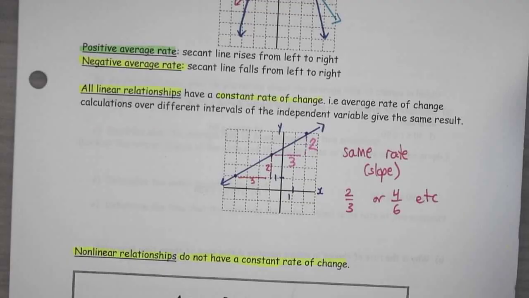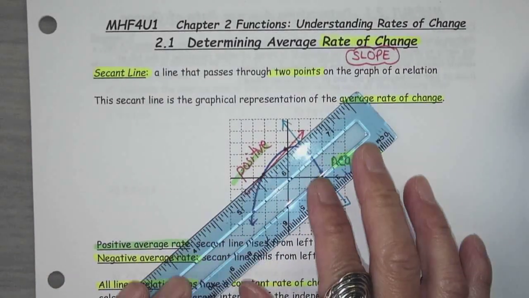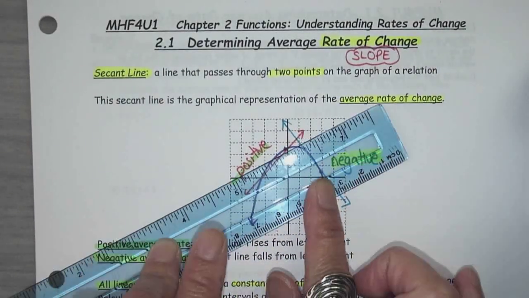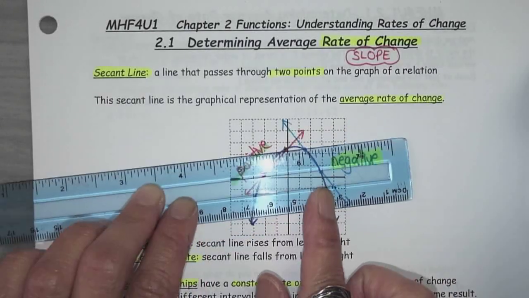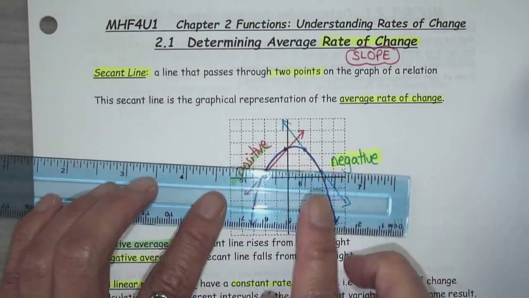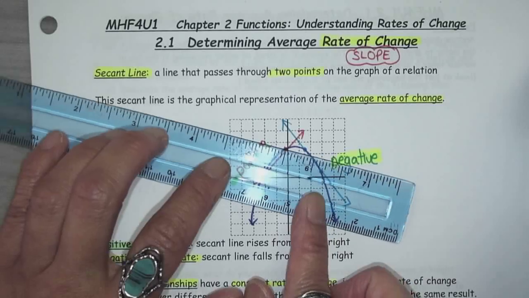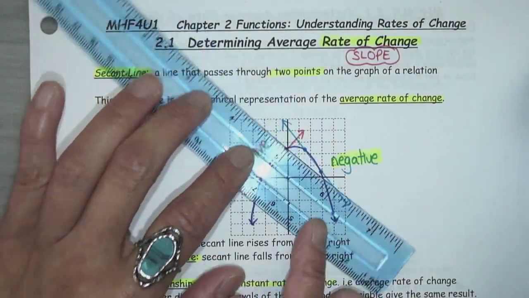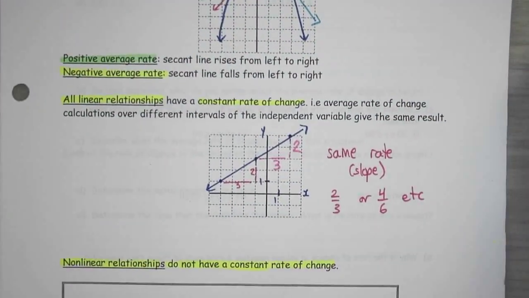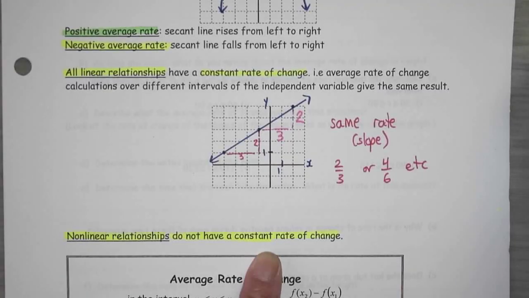No, because looking at this, it's positive, look, and then if I took these 2 points, it's changing. Do you see how the rate of change is changing? Depending, if I took this red point and that blue point, look, it's a different rate. So depending on which 2 points I take, this rate of change will be different. Okay, so anything that's curved, anything nonlinear will not have a constant rate of change. It's only lines that have a constant rate of change.